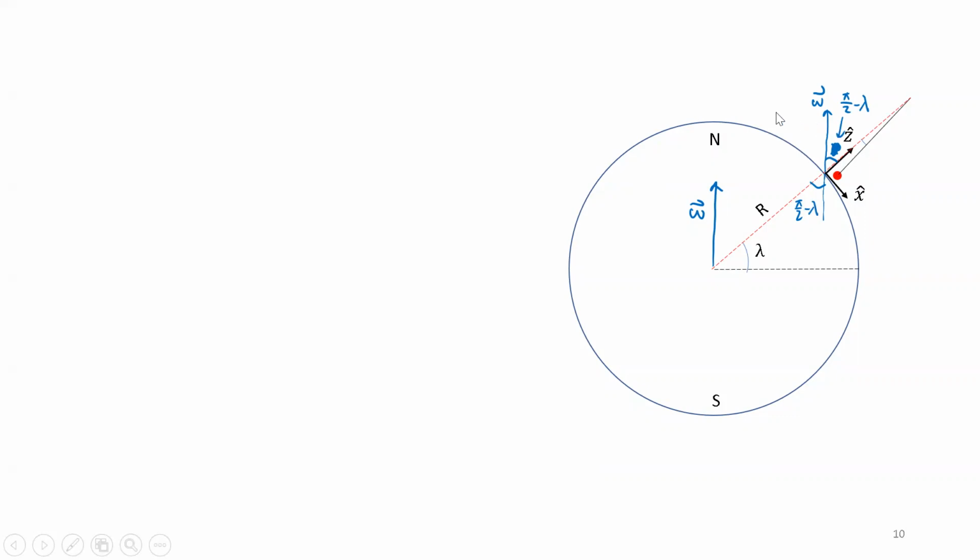What is omega? So omega, if you just work out the two components, at the end you'll find that it would be minus omega times the... Like this.